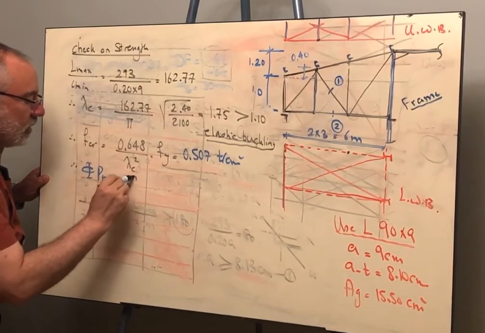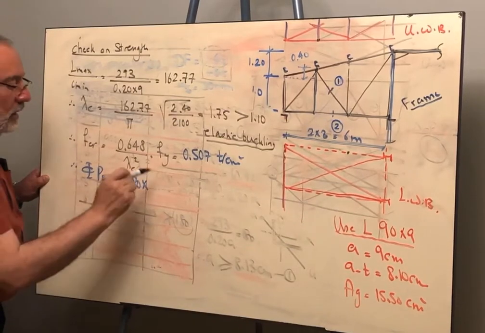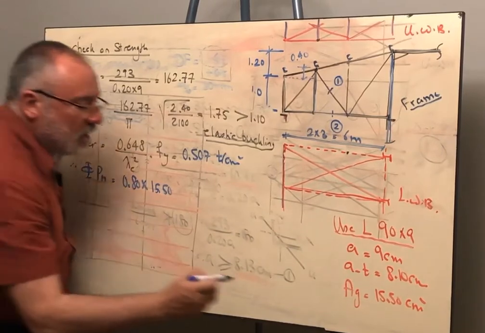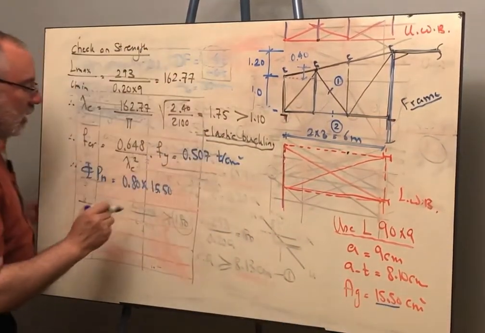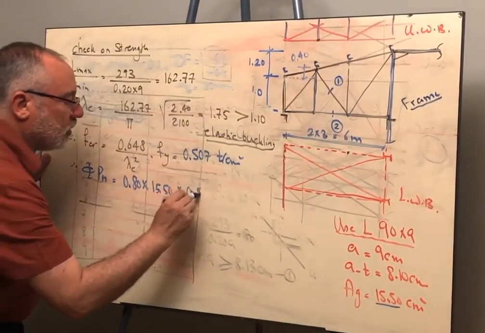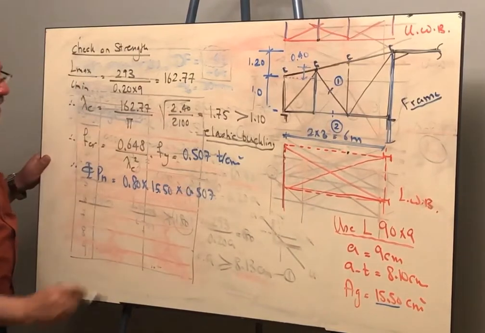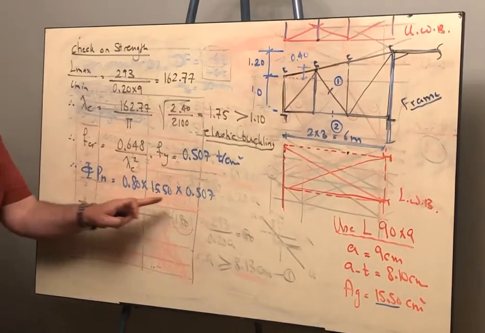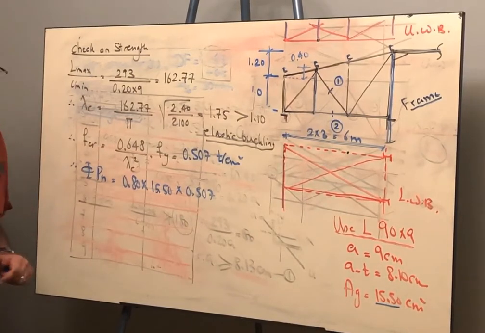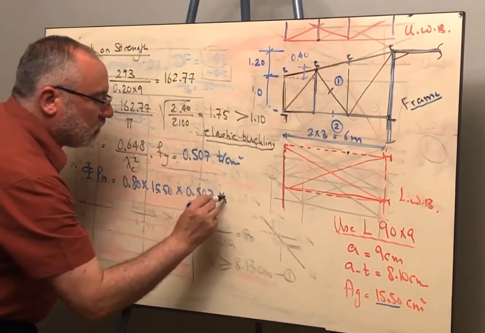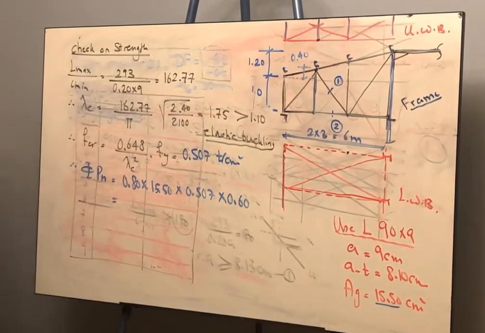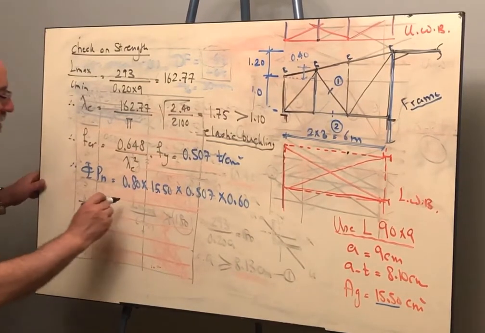The value of phi is 0.8 and the area of the angle is 15.5, that's from the table. And the stress is 0.507, that's the one that we calculated accurately now. But take care that this angle is unsymmetric. I will have to multiply this by 0.6. So if you did this product, you will get a value of 3.77.